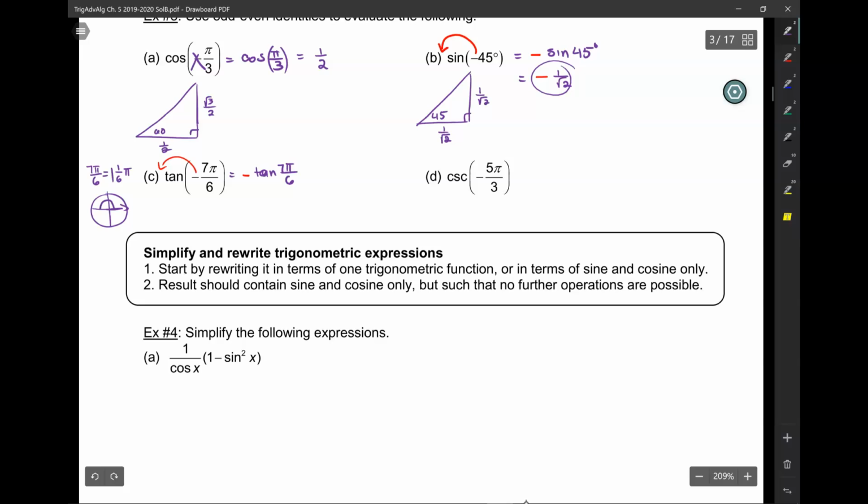It's 1 pi and another 1 over 6 pi. That's in quadrant 3. Now, what's the reference angle? Pi over 6. So what triangle is that? For the 30 degree though, right? So I have 1/2, root 3 over 2.